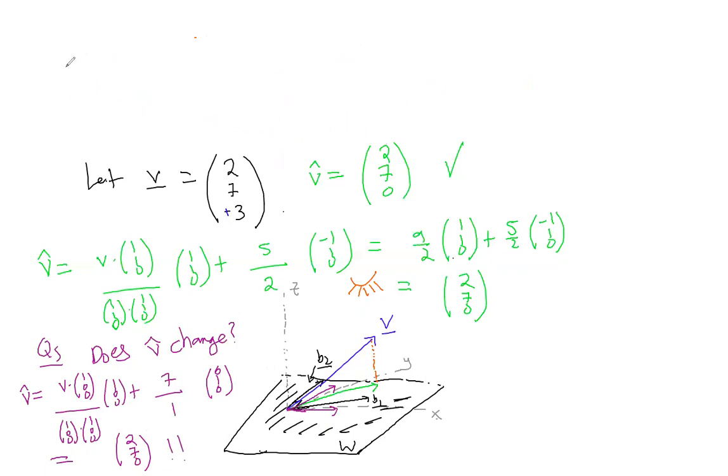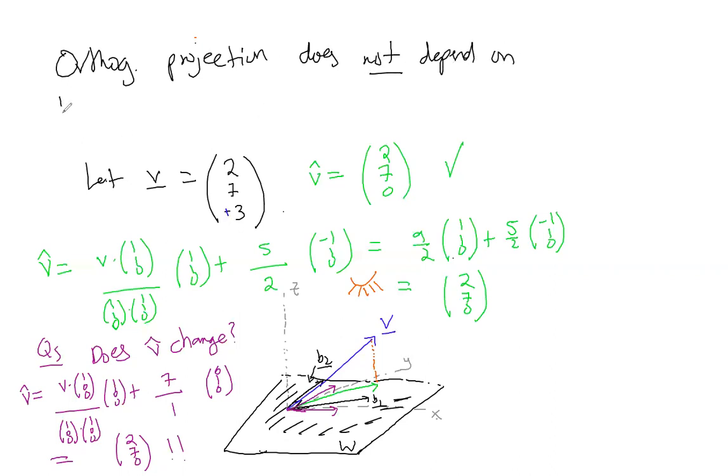So that's the key. That's the takeaway. Orthogonal projection does not depend on the choice of orthogonal basis chosen for W.